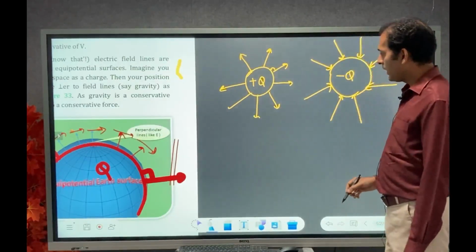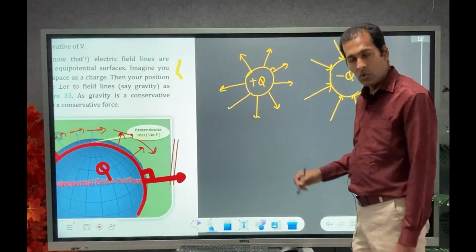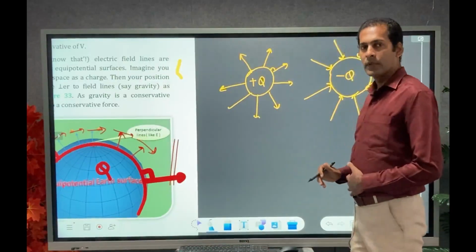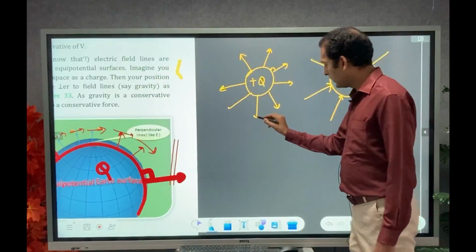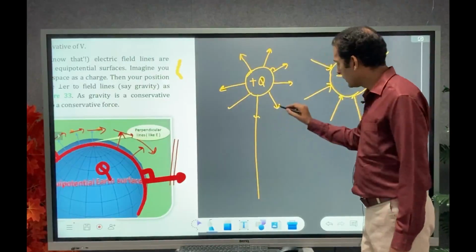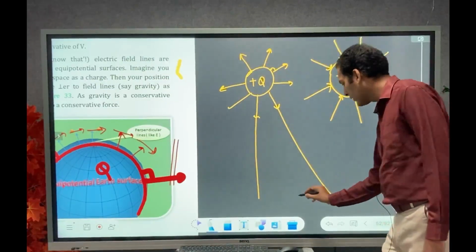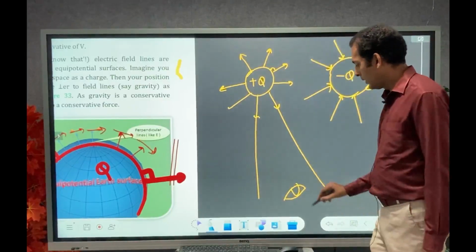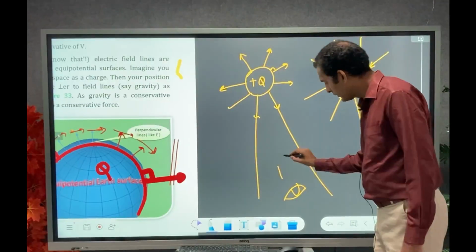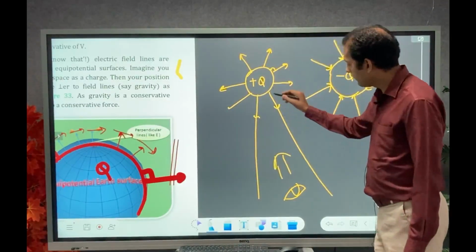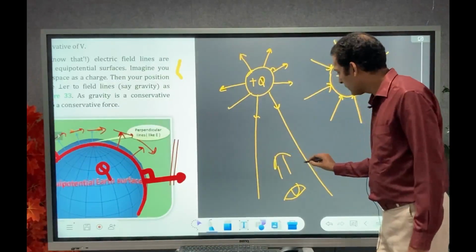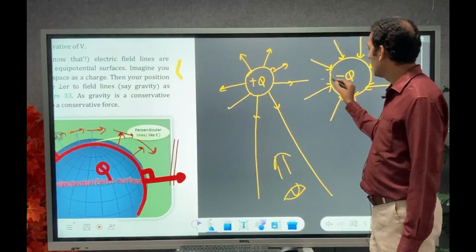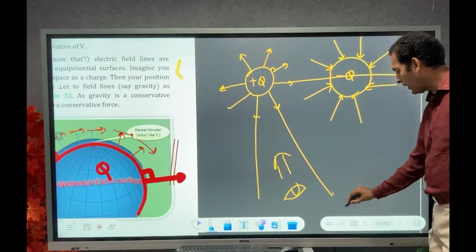Now one more thing, if we add, as these lines go away from the origin, the distance between them increases. So for the viewer, if suppose we are viewing from a far distance, when we view towards the source, we feel that these two lines are coming as parallel because they go very far away.